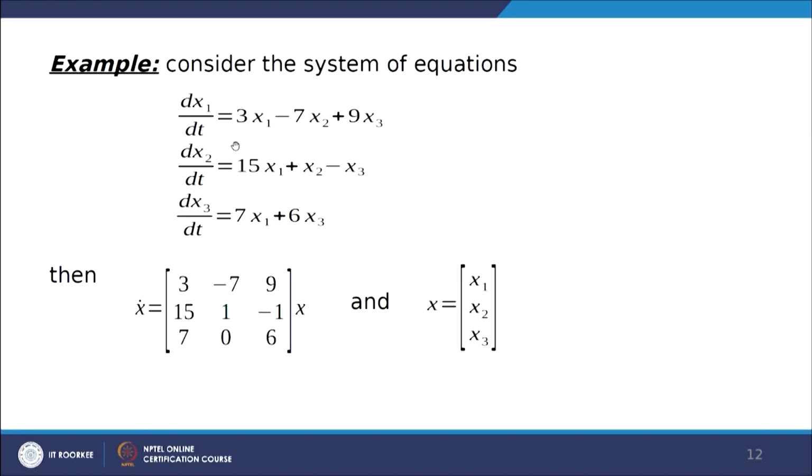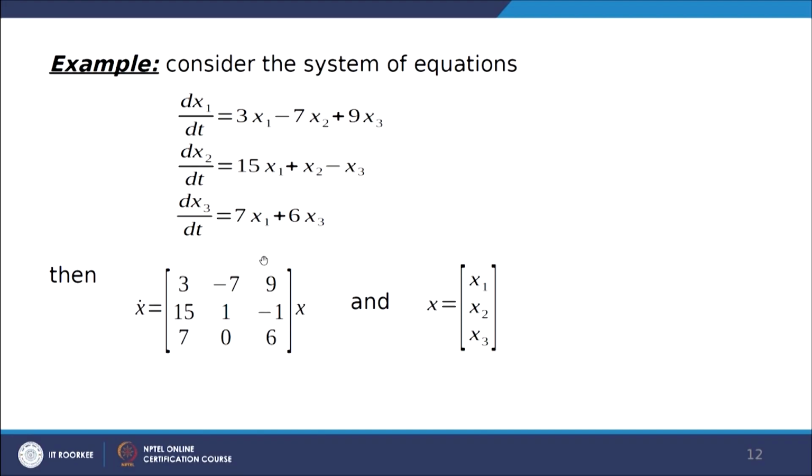So, the matrix A will be: first row 3, minus 7, 9; second row 15, 1, minus 1; and third row 7, which is the coefficient of x1, then 0, the coefficient of x2, and then 6, the coefficient of x3, multiplied by the vector x, which is x1, x2, x3.